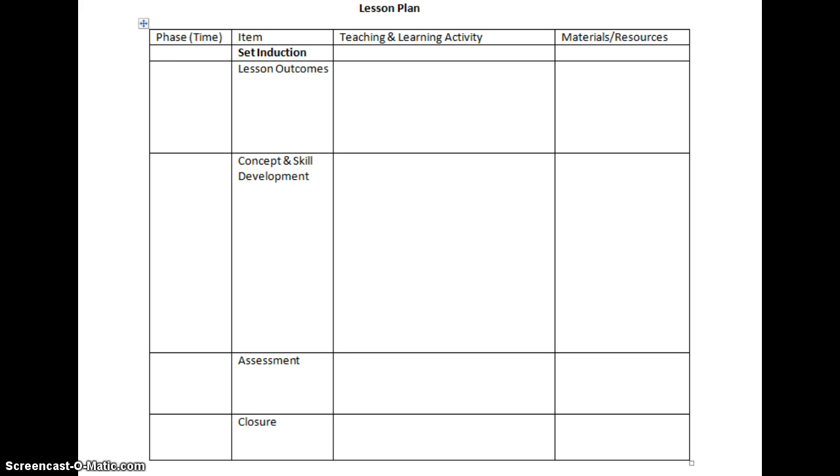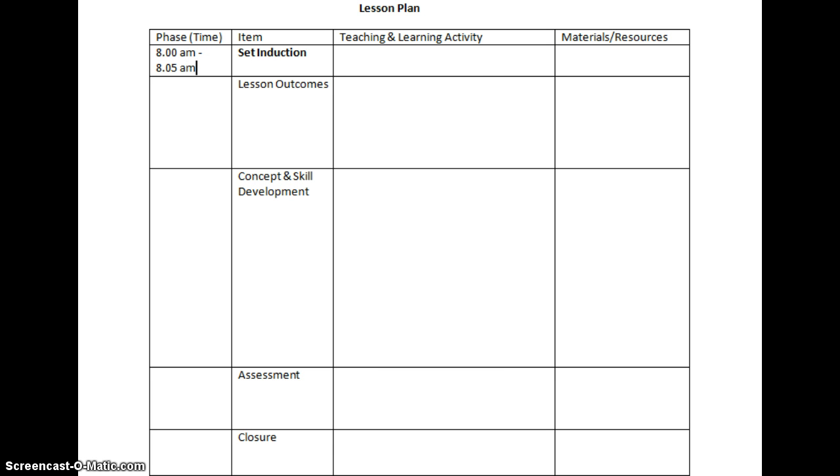So let's say your class starts at 8 a.m., assuming that all the students are seated by now. So 8:05 a.m. that is 5 minutes for your set induction.